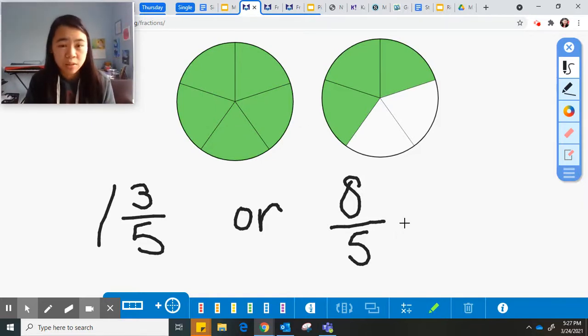So both of these are correct to describe how much is shaded. You can say 1 whole and 3/5 or 8 out of 5. These are both the same thing. So this is what we're going to be practicing: how do we convert this mixed number into an improper fraction? We know this is improper because this big 8 is trying to sit on top of this small 5. And vice versa, how do we change an improper fraction back to a mixed number?